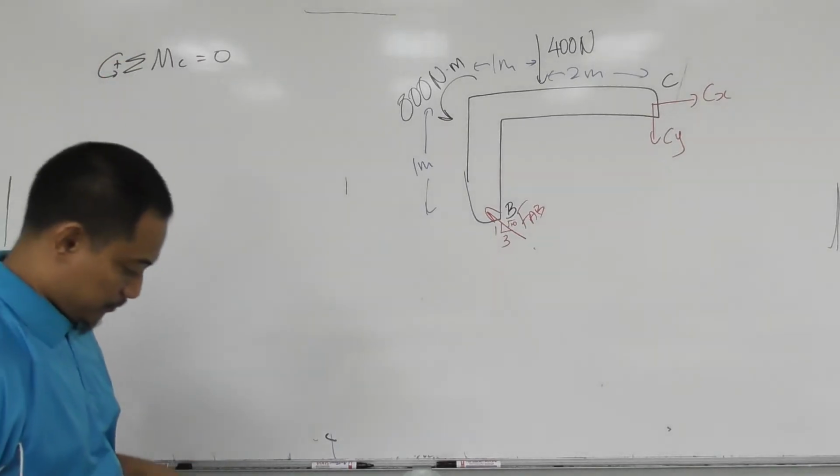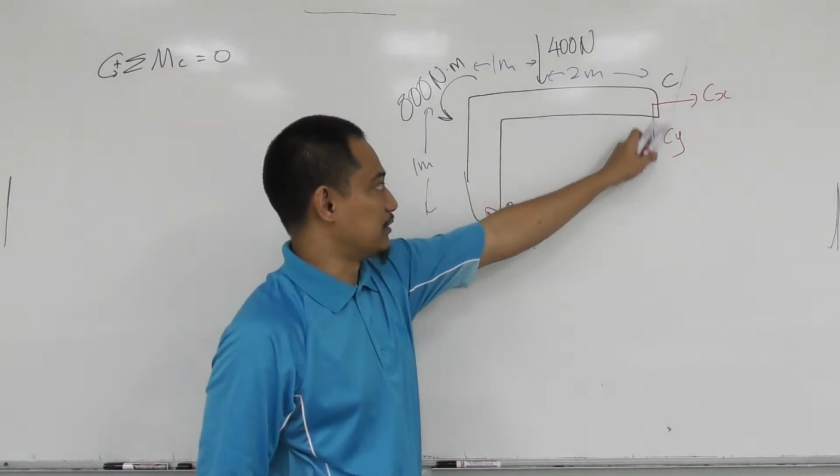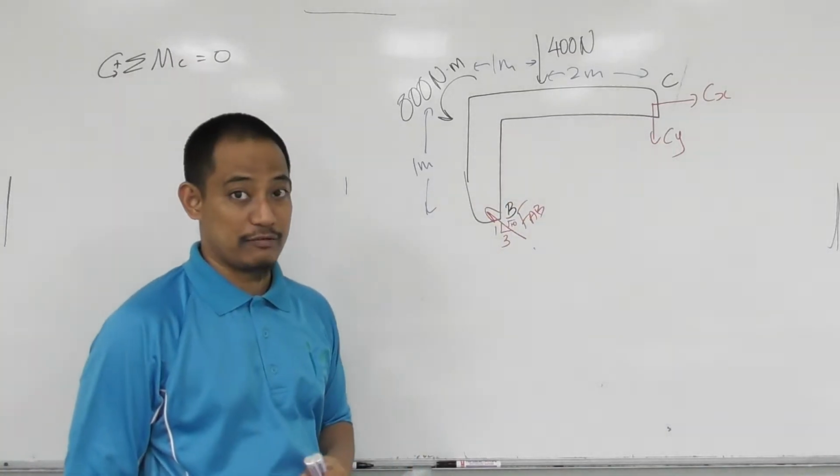So why are we taking moment about this point? Because then these two will be 0 and then we can solve FAB.